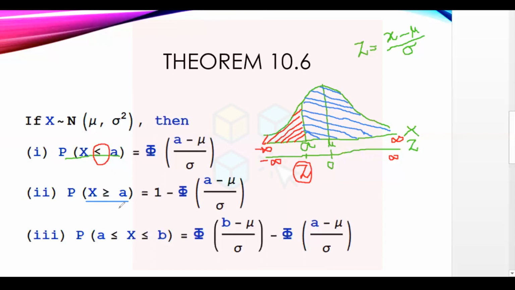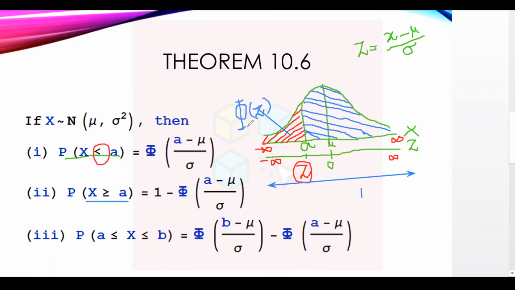So this is the area x greater than a, and we know that the total area under this curve from minus infinity to plus infinity, this is minus infinity and this is plus infinity, and the total area under this curve is always equal to 1. So if this area is 1, and we know this area minus infinity to a is called phi of z, capital phi of z. This area is phi of z.